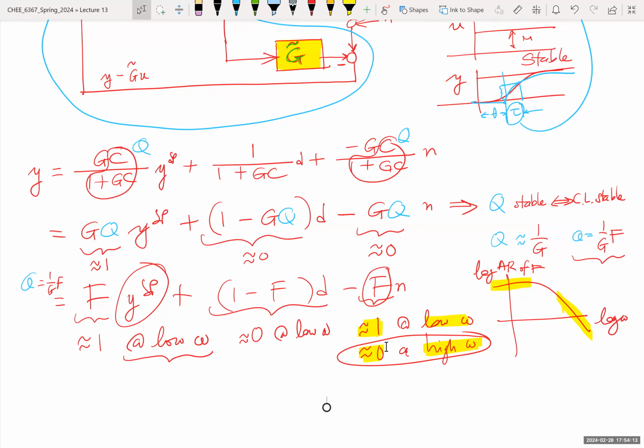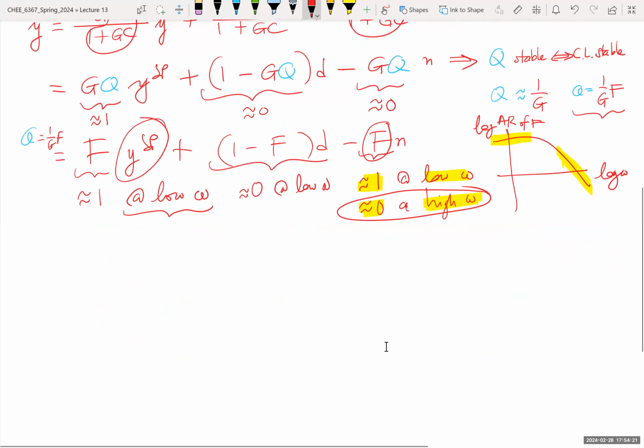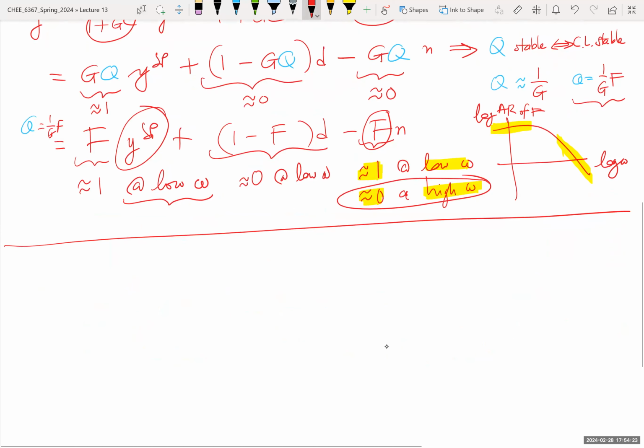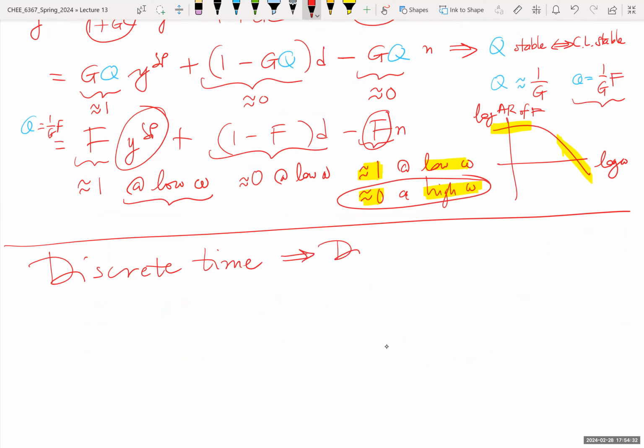To do these things in discrete time, we need to be able to build models in discrete time. In discrete time, we have difference equations as opposed to differential equations.